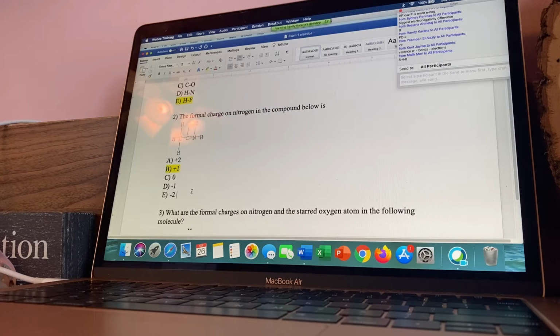Pretty much, yeah. So if it's not provided, I should just know that oxygen has 6 valence electrons. Yeah, it should have probably 2 lone pairs. And if you only see 1 lone pair, if you see 3 bonds or something, that should be a giveaway.